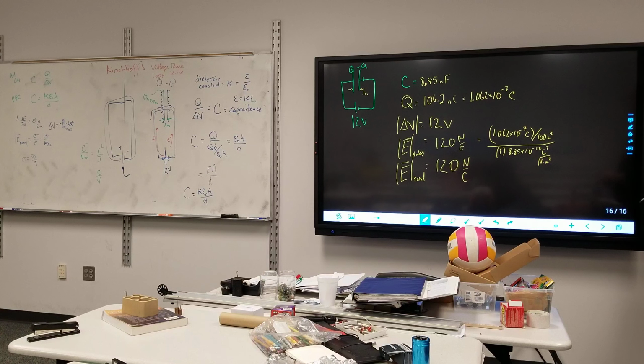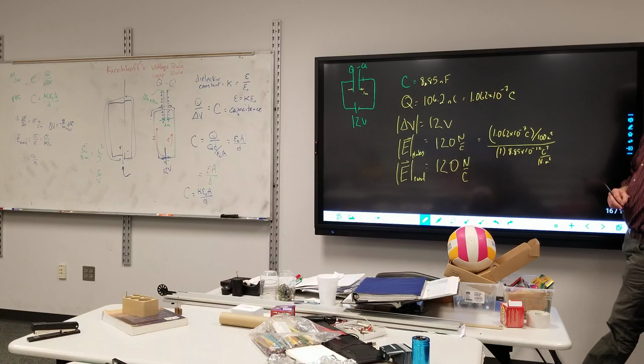Suppose I want to double my capacitance. What could I do to double my capacitance? Half your voltage. If I cut my voltage in half, my charge is going to be cut in half, so that's not going to affect the capacitance.